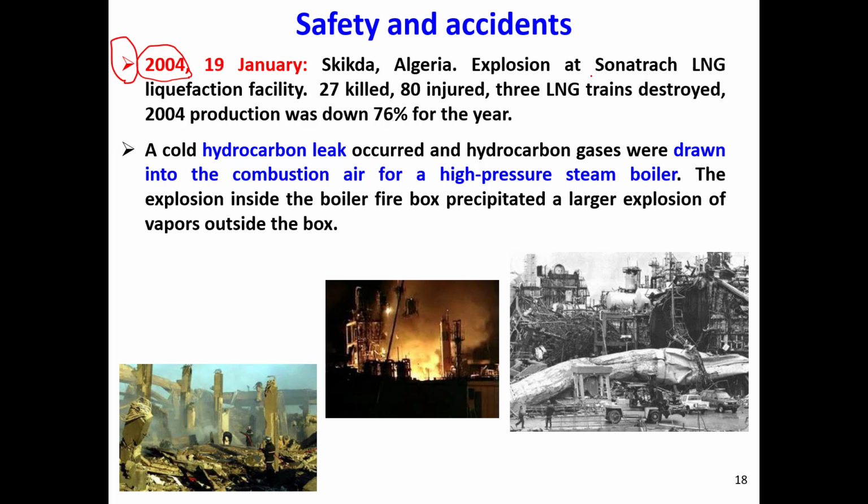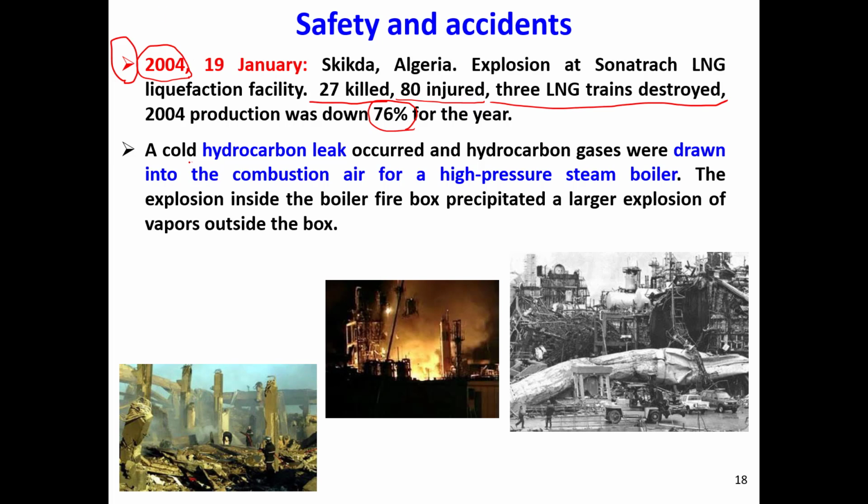There was an explosion at the Sonatrach LNG liquefaction facility that killed 27 people, injured more than 80 people, and destroyed 3 LNG trains. Based on the reports, the LNG production of the plant was reduced by 76% for that year. Okay, so it's a huge loss of money. What happened in that plant?